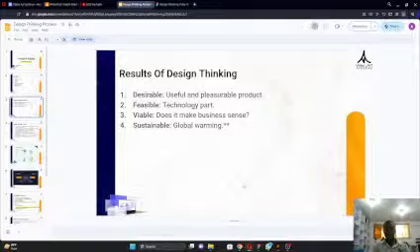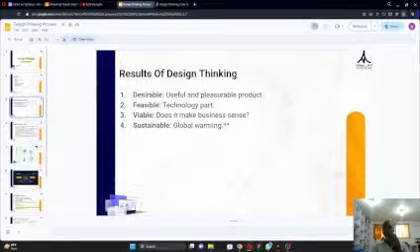So these four steps, these four results are what you need to take note of in conducting the design thinking process. You are not just conducting design thinking, you are not just coming up with, okay, I want to empathize, I want to define, I want to ideate. No, what are the results of what you are doing?